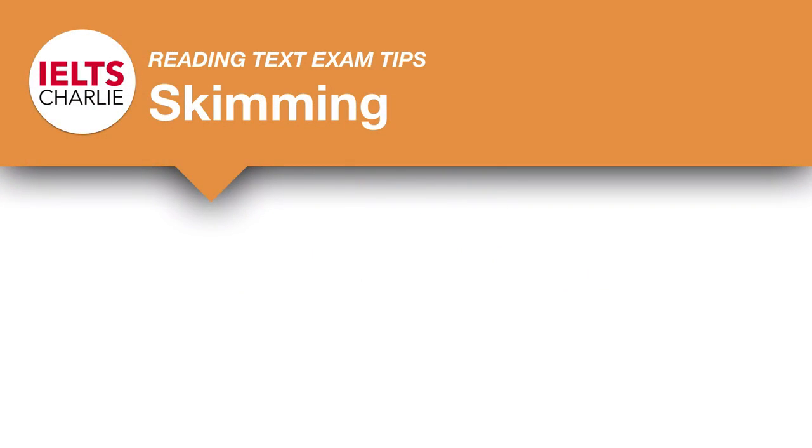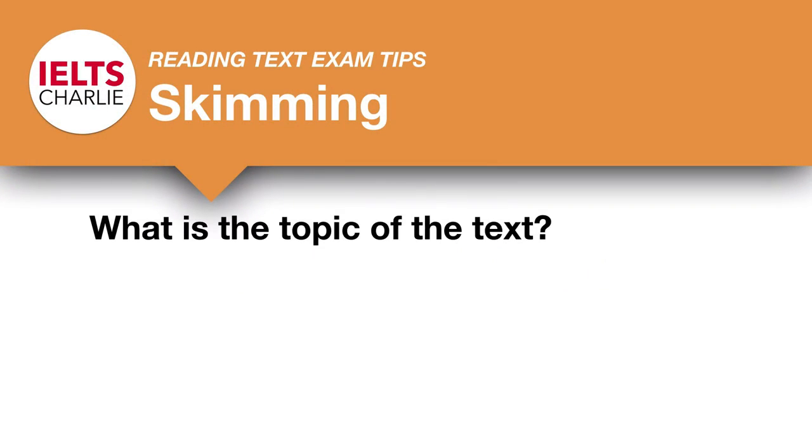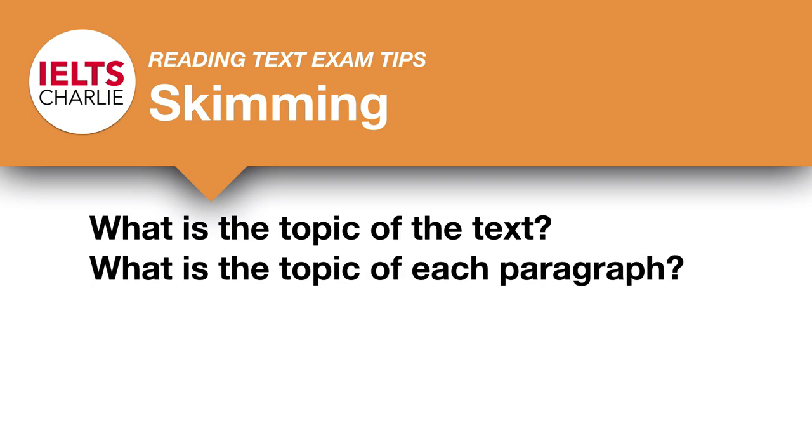And what you've got to do when you skim read is your task is to find out, first of all, what is the topic of the text. So what is the text about? And secondly, what is the topic of each paragraph? So what is each paragraph about?